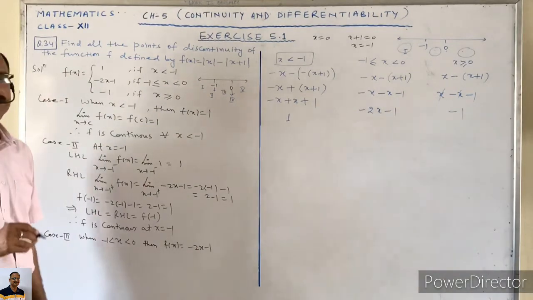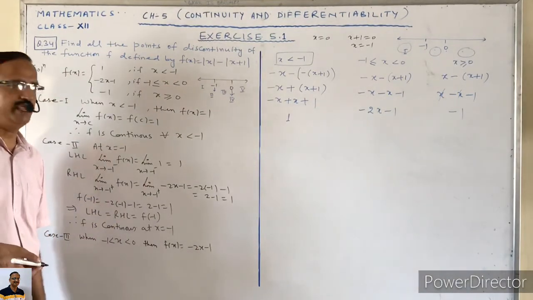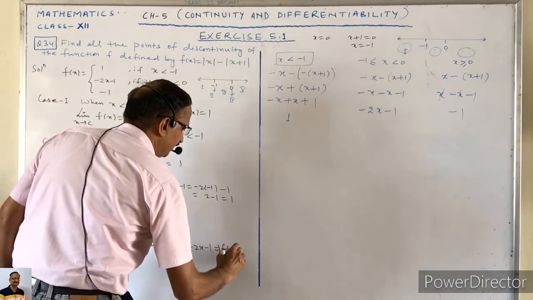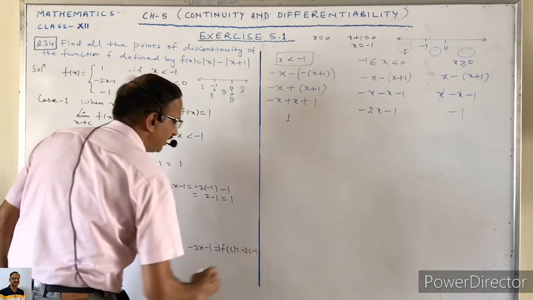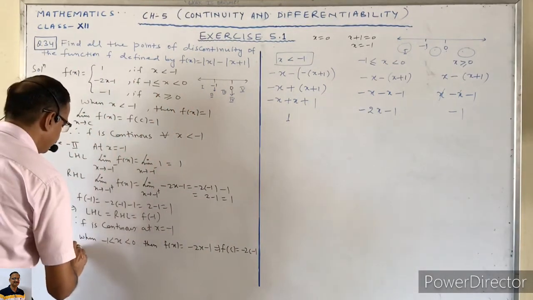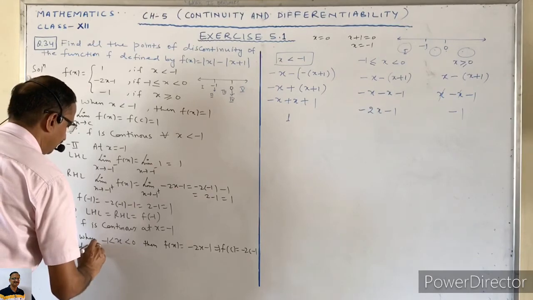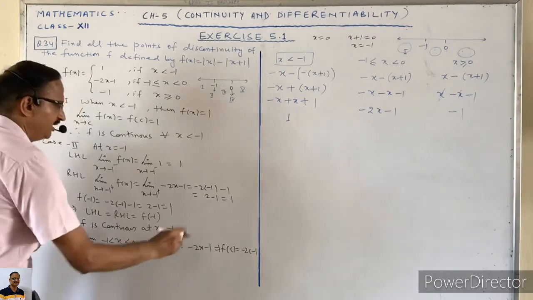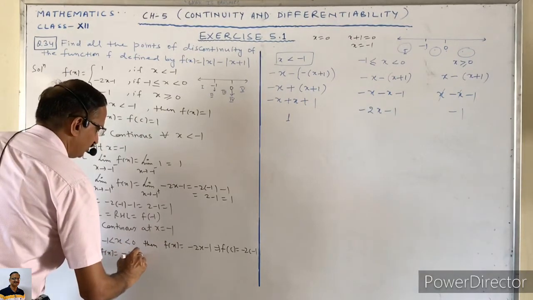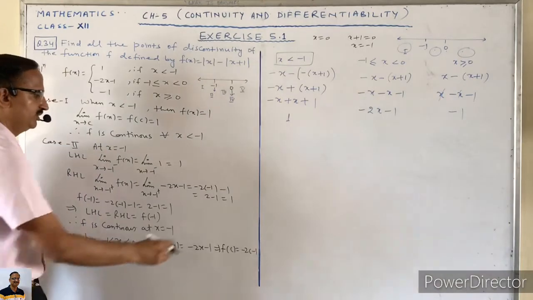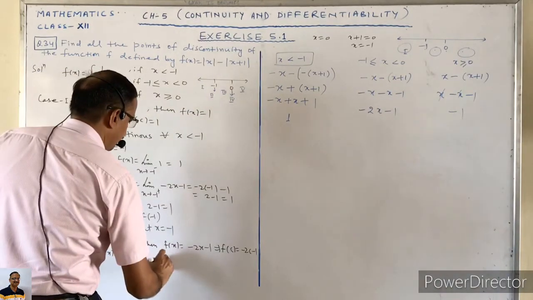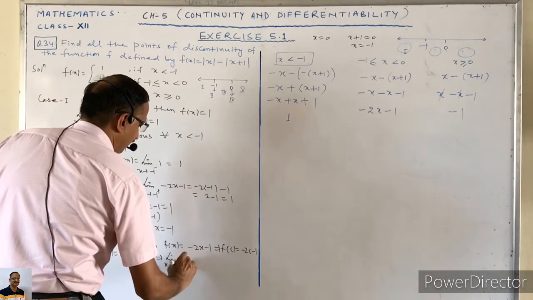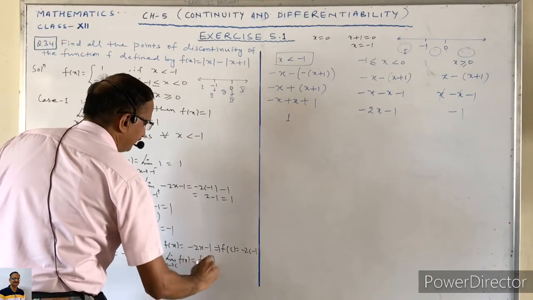For any point c in the domain, we can say that f(c) is -2c minus 1, and limit x tends to c, f(x) is also -2c minus 1. So these two are equal, then this implies that limit x tends to c, f(x) equals f(c).